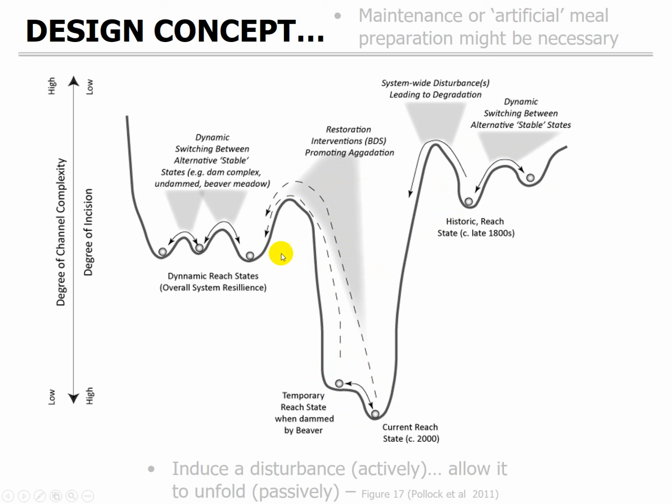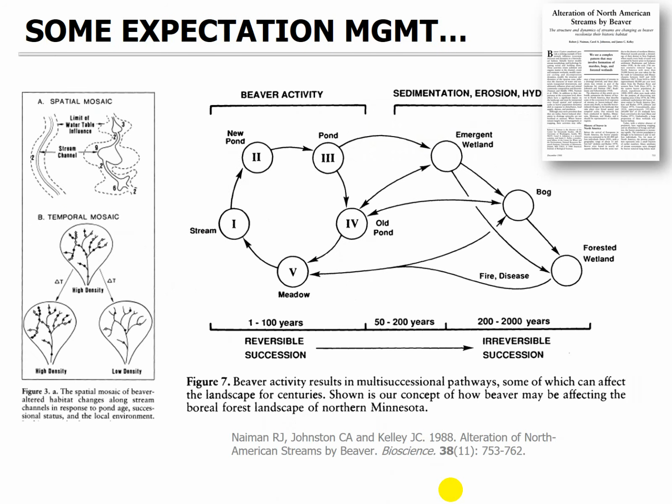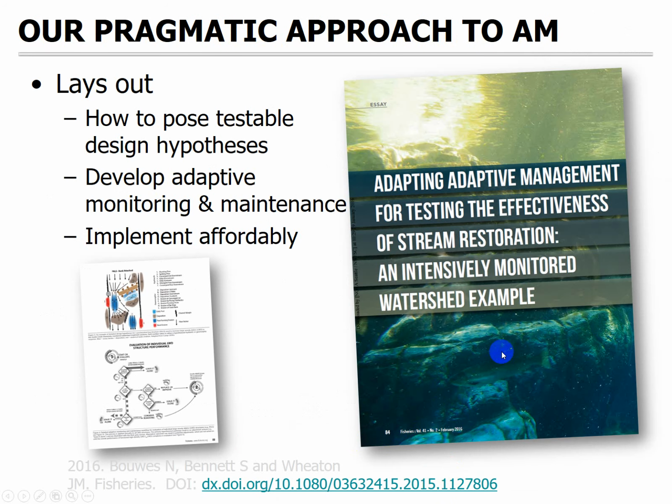And so what we're trying to do with these structures is build up a levee, so to speak, of energy that keeps it from falling back down into this degraded state, that builds some resilience, but allows for dynamic switching between these different states.